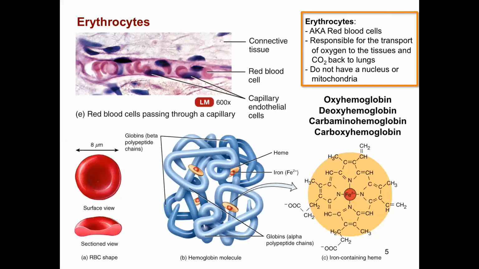So we don't want to be using up oxygen, which is the other reason why we don't have mitochondria, right? Because as you know, in order to make the most ATP possible, we use oxygen. And it would really defeat the purpose of an erythrocyte if they were actively using oxygen to make ATP to run the cell, if their prime job is to carry oxygen to your tissues.